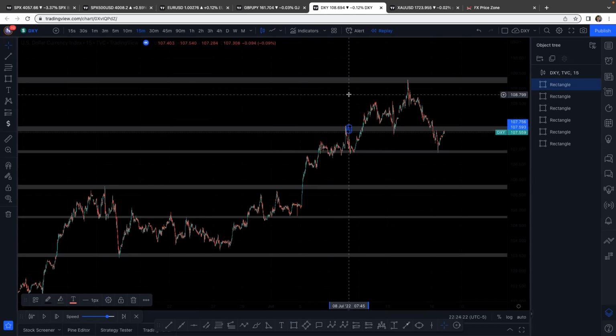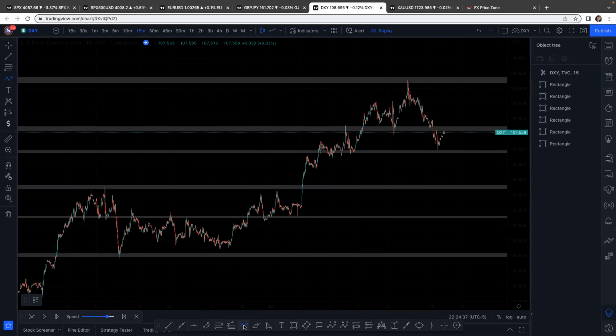Okay. So if you will just pause the video and look for those obvious levels, again, like the big zigzag. And if it helps, right here at the bottom of the screen is called a path tool.